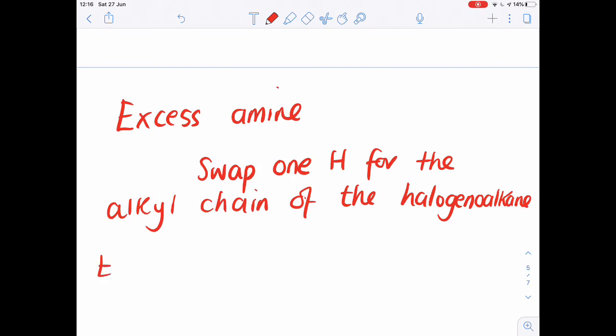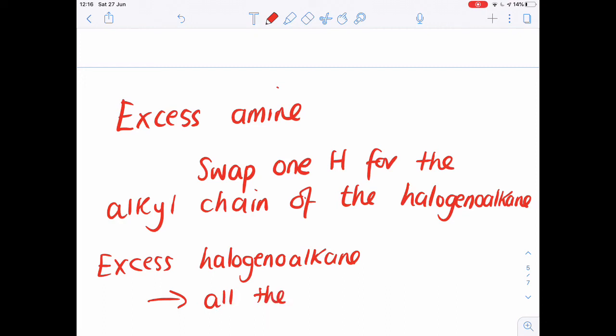But if we have excess halogenoalkane, we're going to go all the way to that quaternary ammonium salt, which has 4 sticks and a plus. So we just keep putting our halogenoalkane chain on without the halogen until all the sticks are full. So hopefully that will help you choose the right product for your reaction.